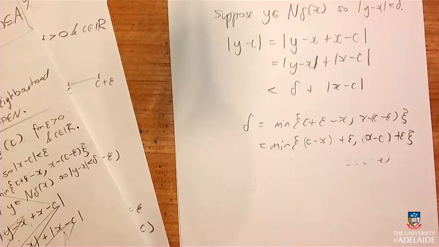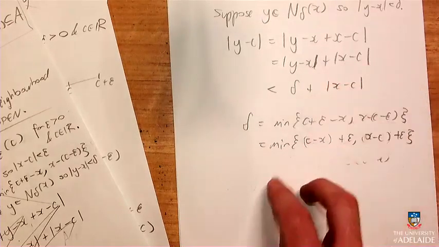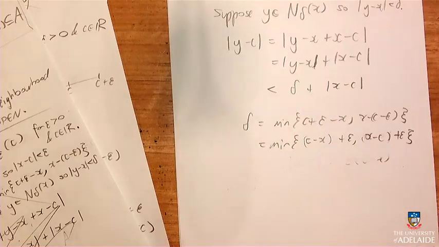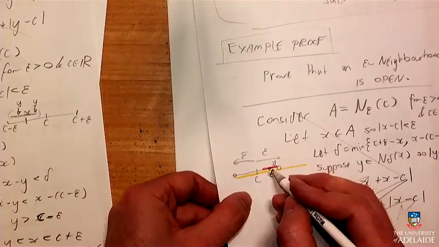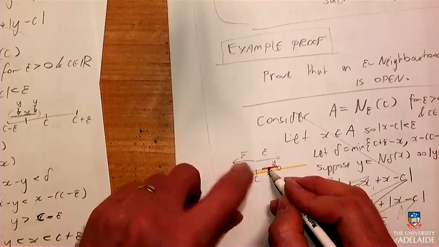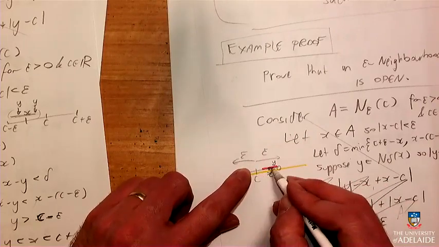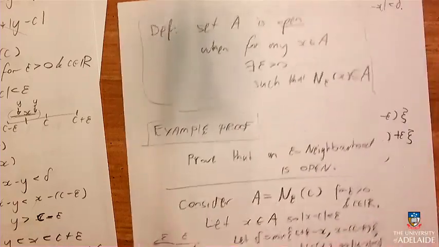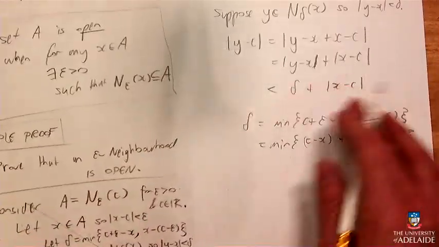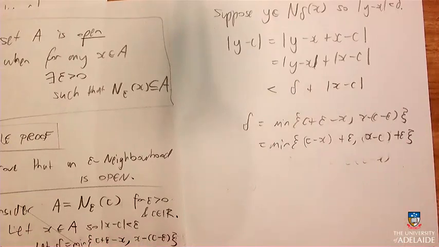I really did. I was going to cancel out this, and this is going to come out to epsilon minus x plus c. Which it is, right? The smaller delta is epsilon minus the distance between x and c. That's what it's supposed to be. So this delta is supposed to be epsilon minus that. And so it comes out to epsilon. So maybe I should just define delta to be that, to begin with.